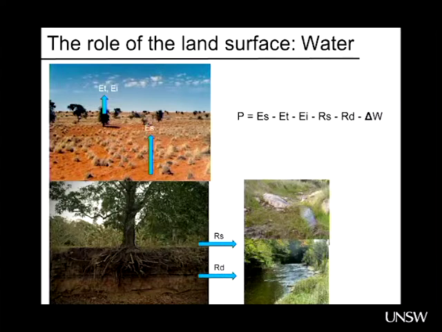Surface runoff, water flowing across the surface, is actually quite rare. If you've gone hiking and seen surface runoff, you were already soaked before you saw it. It's actually quite rare for water to pond and then flow across the surface. It's much more common for water to flow into the soil, laterally through the soil, and come out in the form of rivers.